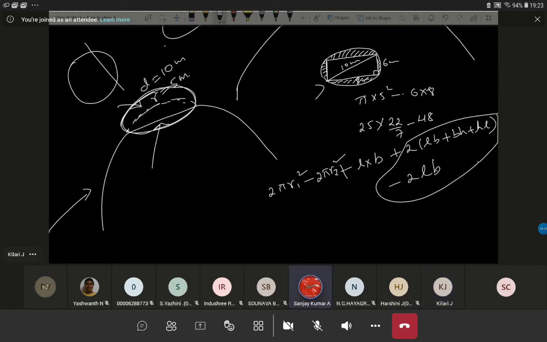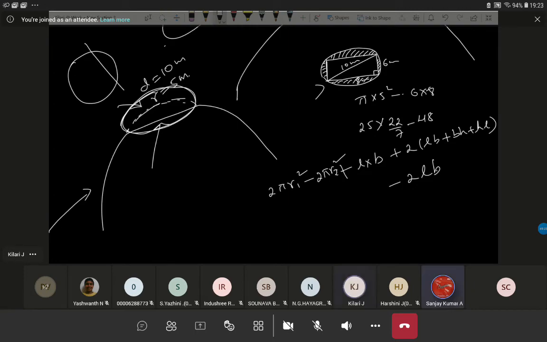Since the cuboid is mounted on the dome, why are we subtracting 2 of LB, sir? Just minus, because 1 LB of the dome and 1 LB of the cuboid are both missing. They are covering each other. The bottom of the cuboid and the top of the dome cover each other.